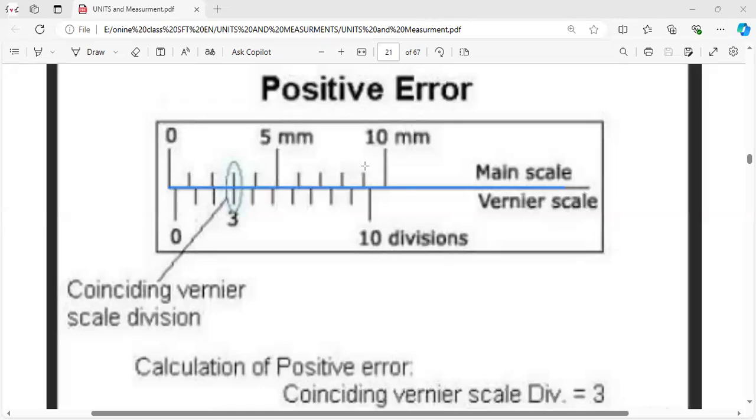However, as you can see, there is a positive error, because the main scale 0 is situated to the left side of the vernier scale. Usually the vernier scale should be aligned, but if it is moved to the right, it is called a positive error. Now this is how we are going to read down the value.